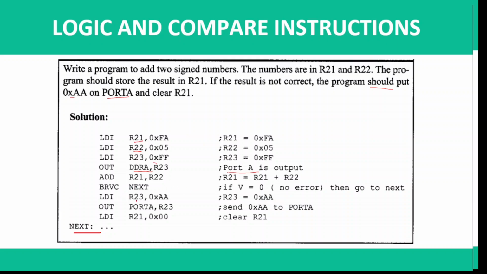But if naay error, in this case naa jud siya error kay 255 man kung 8-bit lang atong instruction, then 0xAA rather will be put in R23, and this R23 will be put outside in port A, and we have clear R21. So we have 0x00 will be put in R21. Okay.